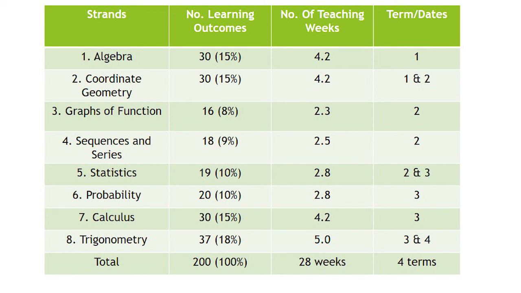In the bottom row, you have the total. The total number of learning outcomes should be 200, that is 100%, and the total number of teaching weeks is 28. Total number of terms, there are 4 terms for each year.